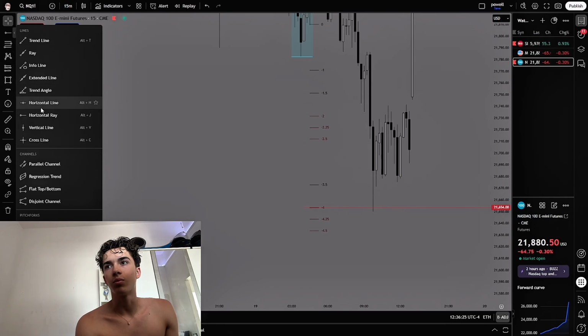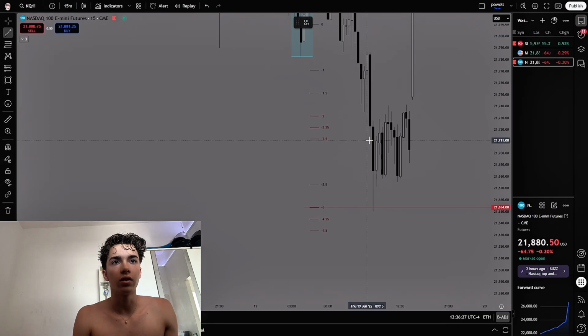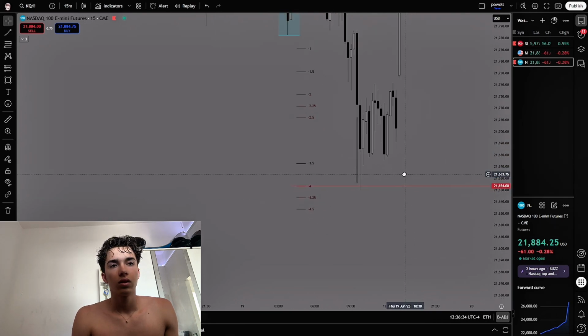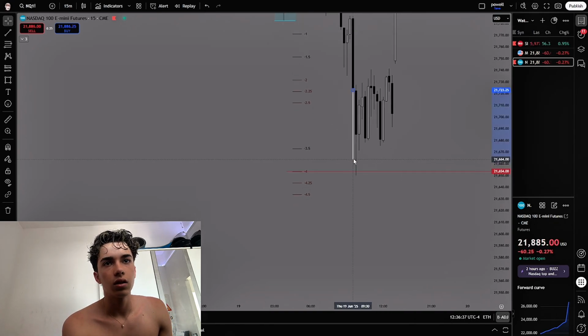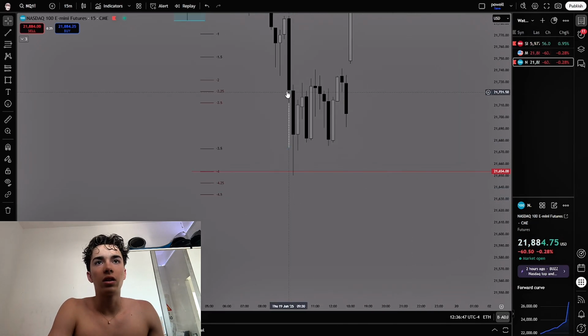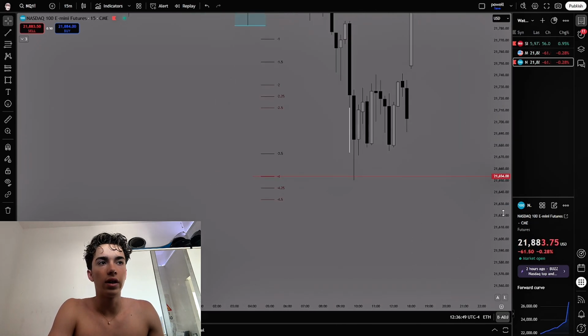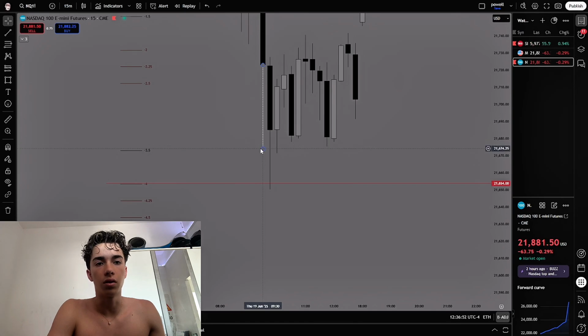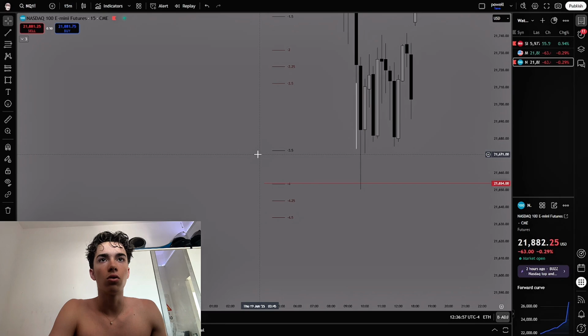If, for example, we had this wick like this, or even like this. Okay, let's do like this. If we had a wick that goes like this, why was it good? Because we want the previous wick that touched or even slightly touched the level.